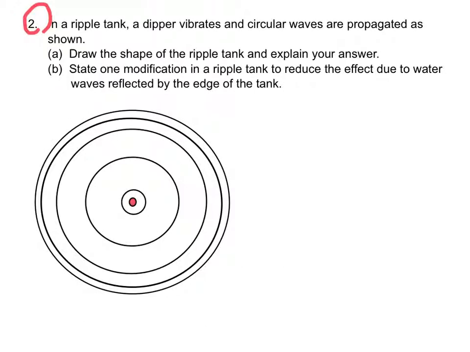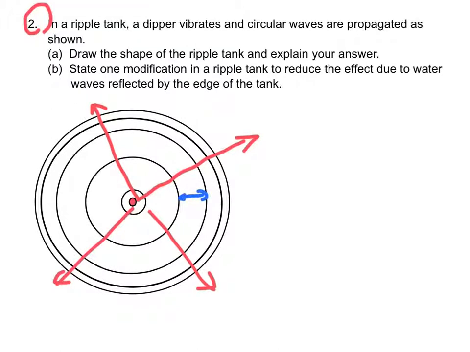Question number 2. When the wave propagates outward from the dipper, we see the wavelength of the wave lambda decreases, which means that the speed of the wave decreases.